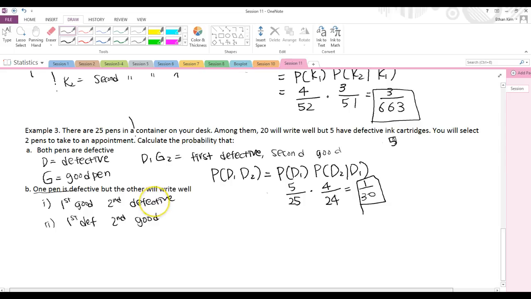In probability notation, this is the probability of G1, D2, that's the first case, plus the second case, the probability of D1 and G2. These are the two separate probabilities that we have to look into.